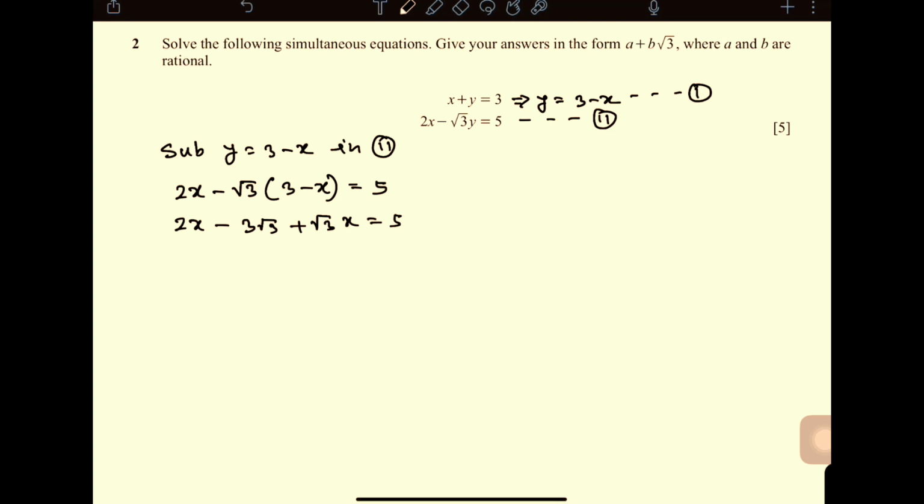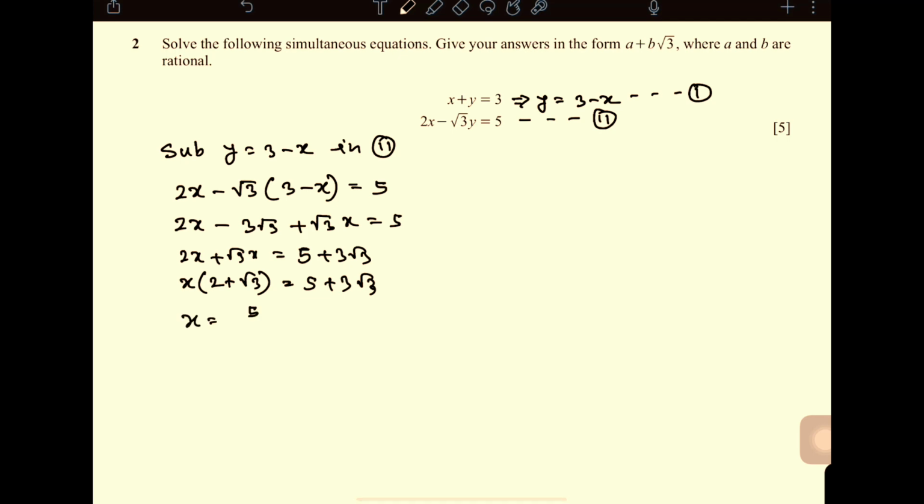So let me make x the subject. x will be common, 2 plus root 3 equals 5 plus 3 root 3. So x will be 5 plus 3 root 3 divided by 2 plus root 3.